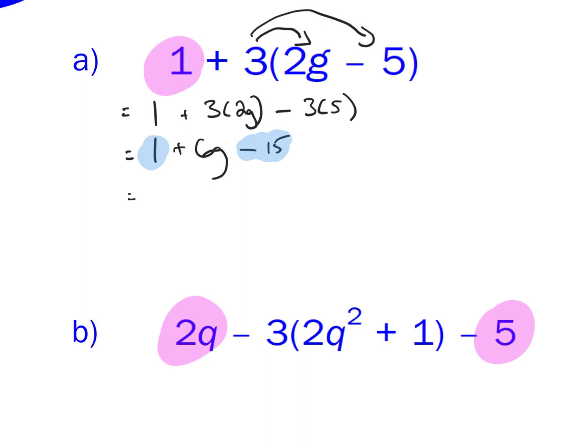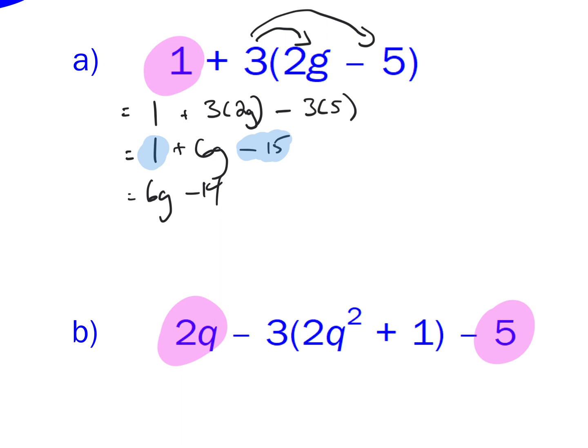So, let's try and live dangerously here then. What is 1 minus 15? -14. Very good. You are living on the wild side, Jacob. So we can just write 6g minus 14. Okay? That's it for question A.